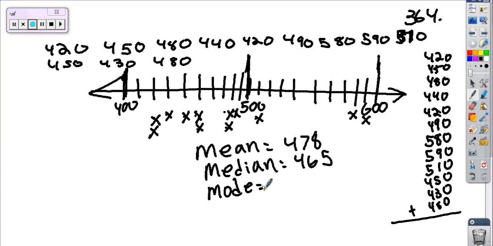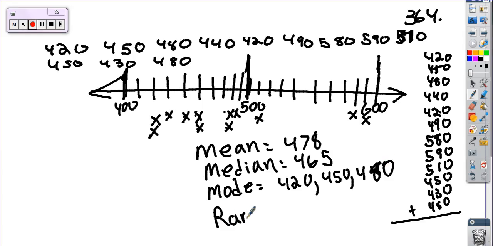All right, the mode. The mode is the number that happens the most. What is the mode? 420. There's 3 of them. 420, 480, 450, and 480 each happen 3 times. What is the range?